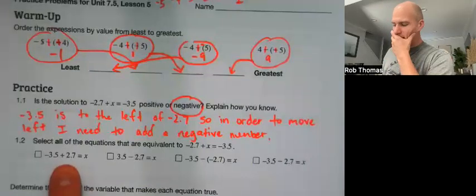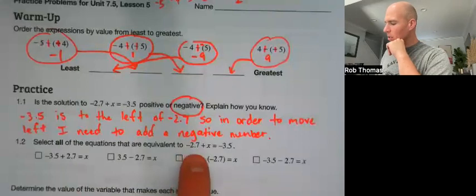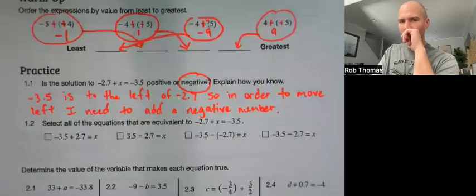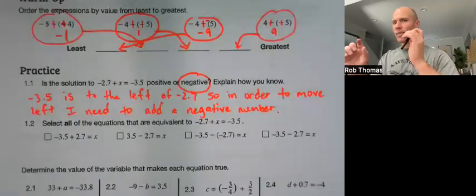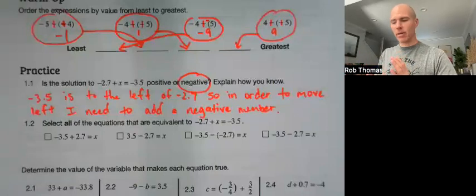Select all of the equations that are equivalent to negative 2.7 plus x equals negative 3.5. Okay. Well, let's look at the pieces of each one and see if they're exactly the same, just rearranged, or if they change something in a way that makes it say something different.